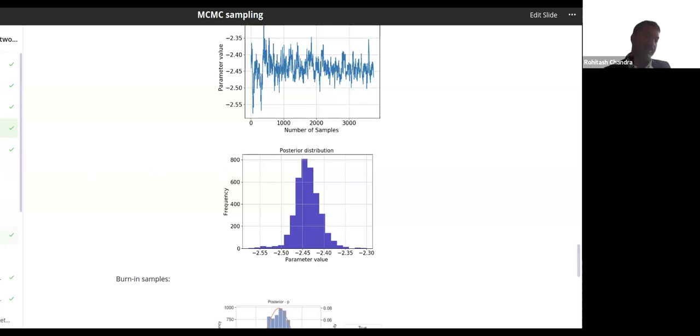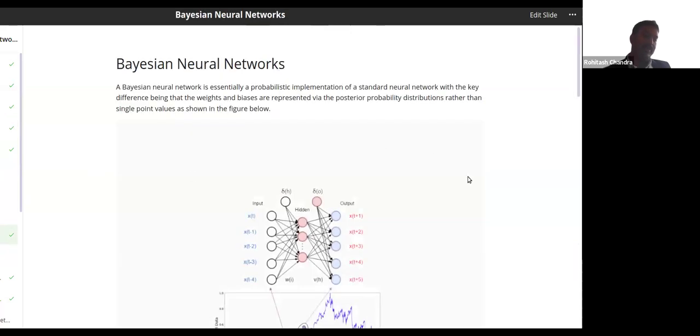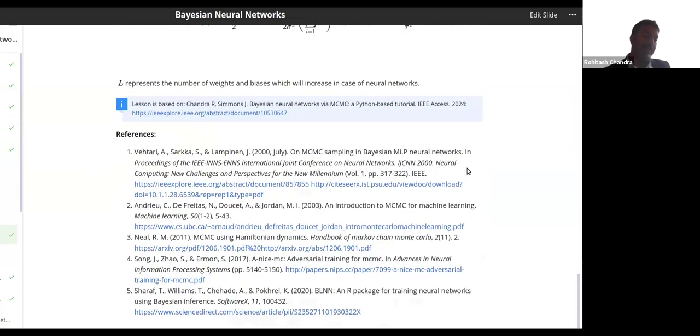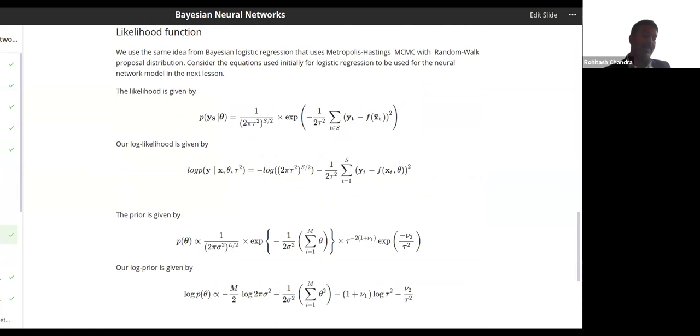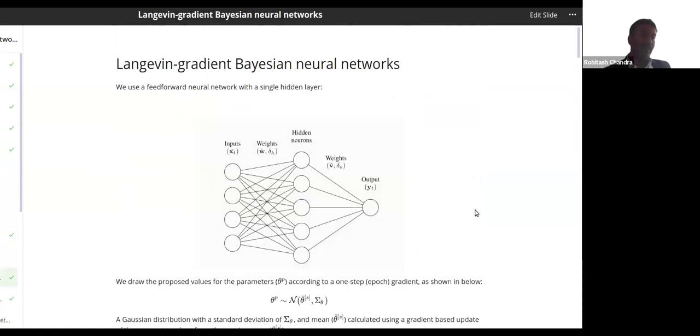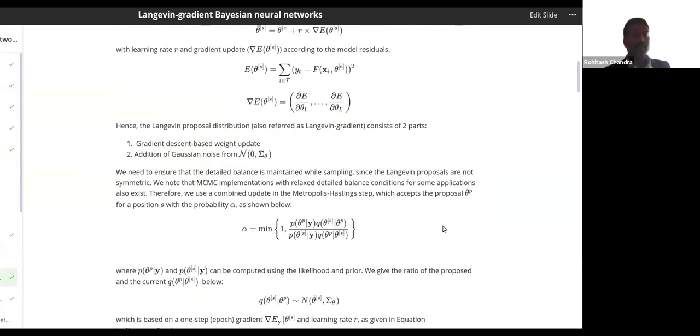This has not been a problem so far when you're using a random walk sampler, because when you are using a random walk sampler, you have the same step size of the random walk.